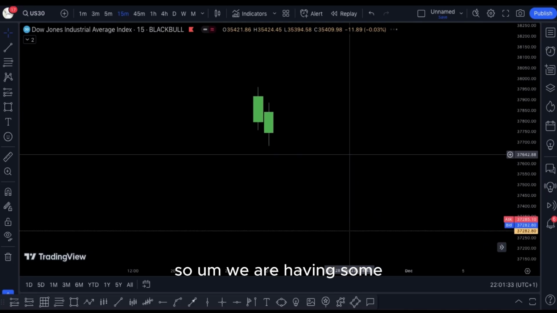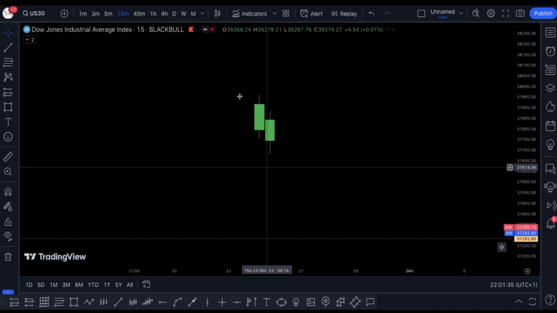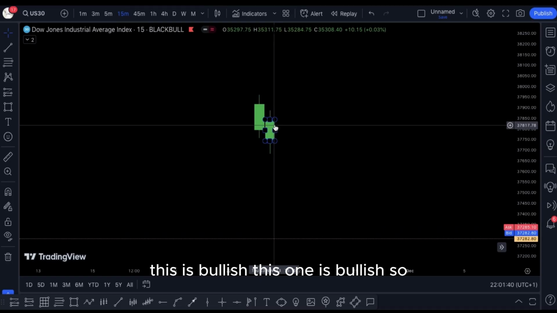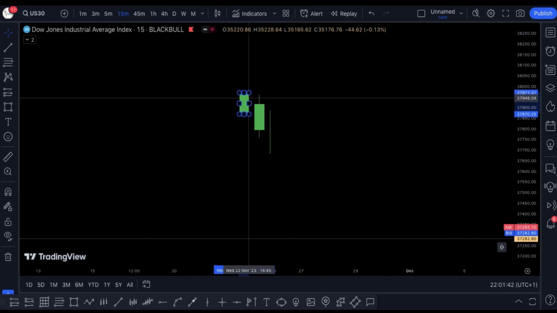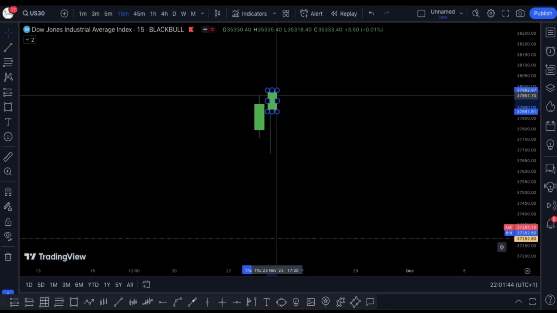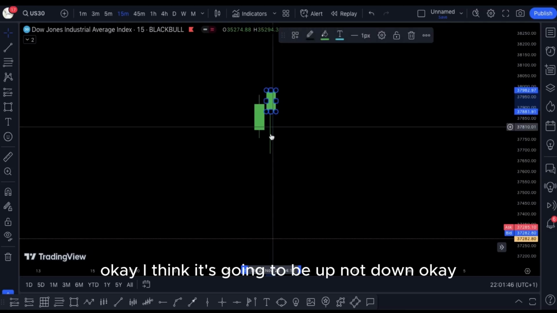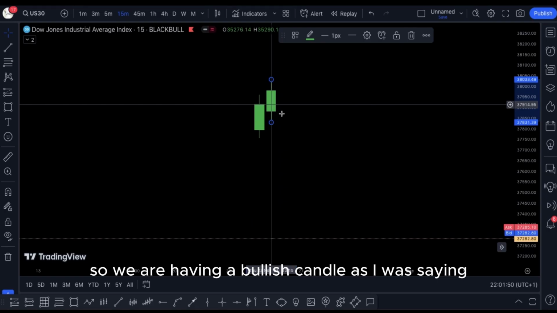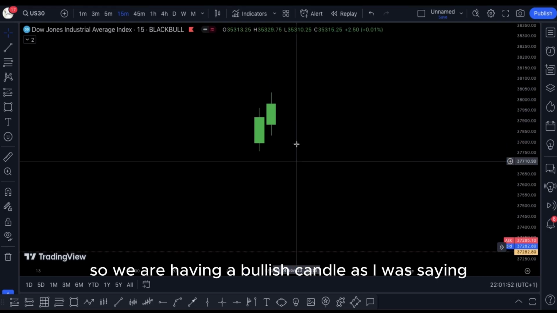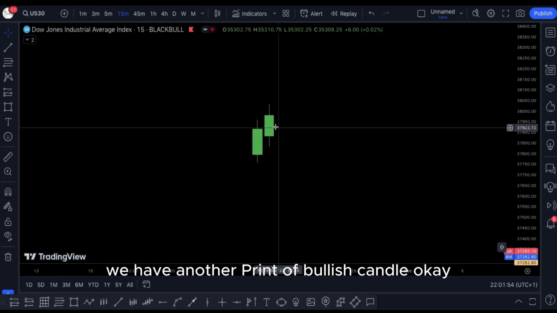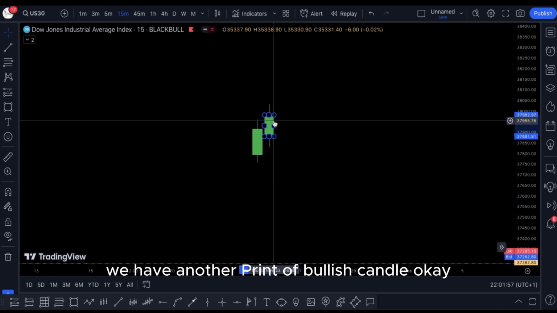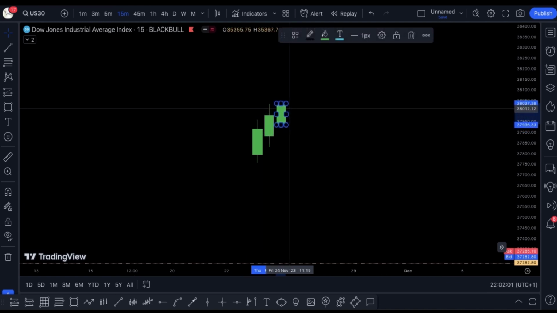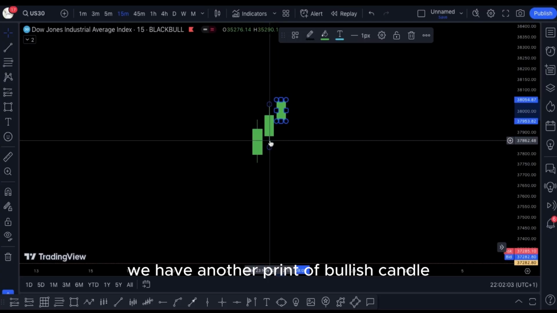This one is bullish, so I think it's going to be up, not down. We have another print of bullish candle, and another print of bullish candle.